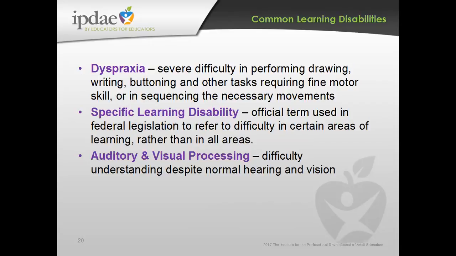I already told you what SLD stands for, and then the last one is an auditory processing problem or a visual processing problem. And we're not talking about a problem seeing or a problem hearing. So a student's hearing and vision may be perfect, but they're not hearing or seeing the same things that you're intending them to hear or see.